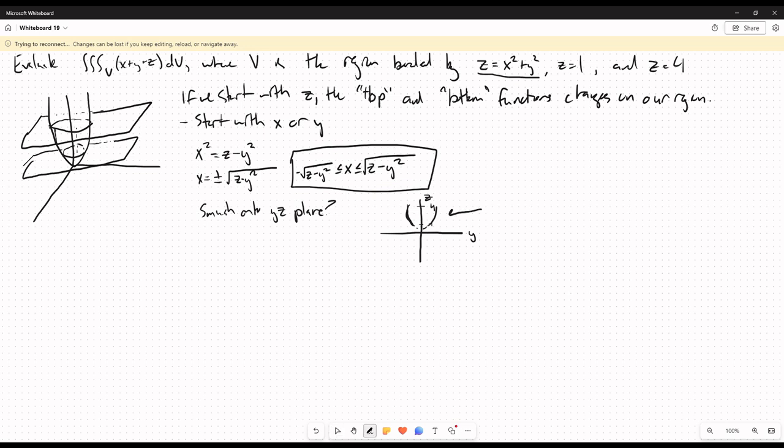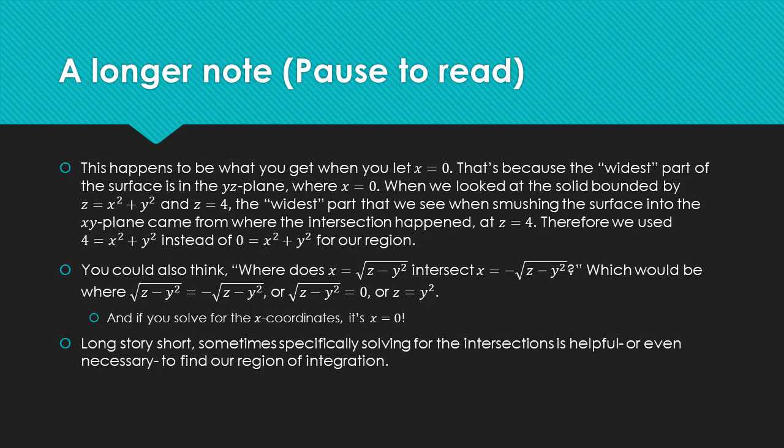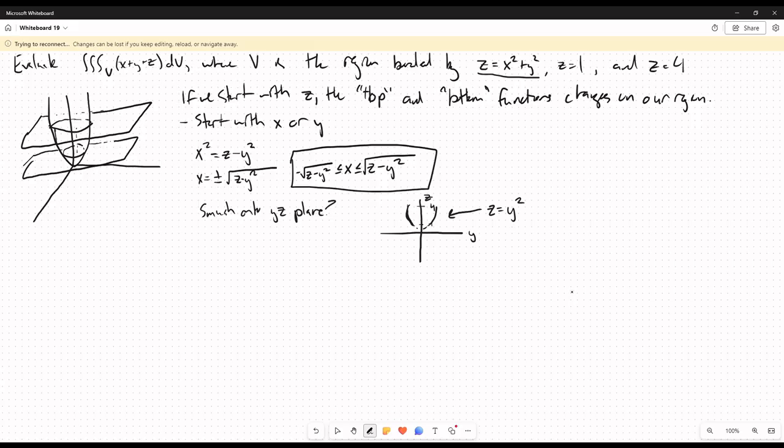Where this is the paraboloid, z equals y squared. That's kind of the picture we have here.